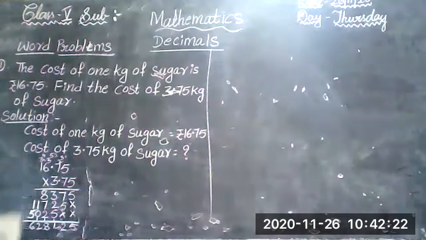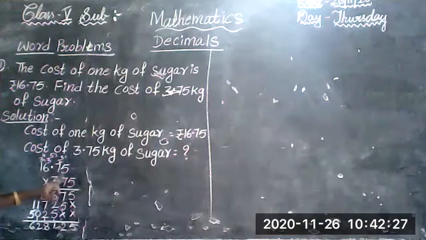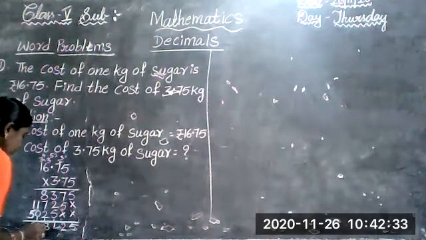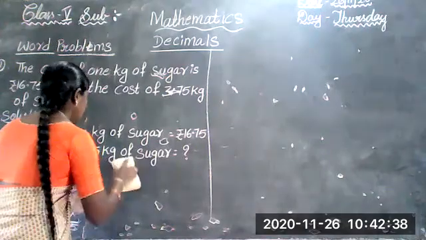Where will the point come, children? Here the point will come. See here: 2 numbers here, 2 numbers here. So 4 numbers before the point will come. So 62 point. Answer is 60.